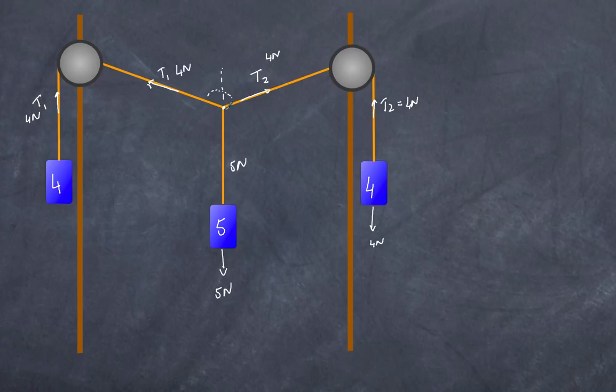So in other words, if I look at the x component of this point and the x component of this point, they're going to be equal and opposite because I'm getting no horizontal motion, no horizontal acceleration in this direction. Similarly, if I look at the vertical component of this one and the vertical component of this one over here, they cancel out with the vertical component of this one. And of course, there is only a vertical component here.